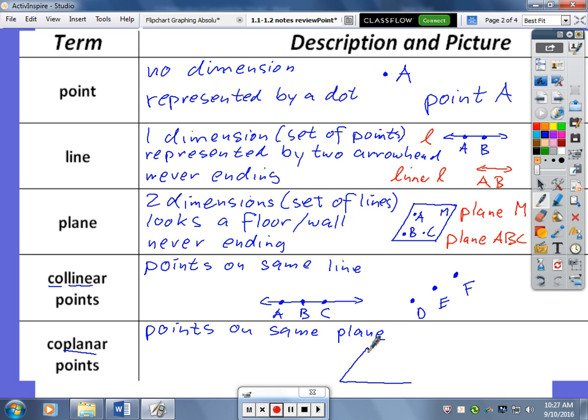Let me draw a plane with a few coplanar points, A, B, and C. And again, we can also do the same thing, draw 3 points that are coplanar without actually showing the plane.